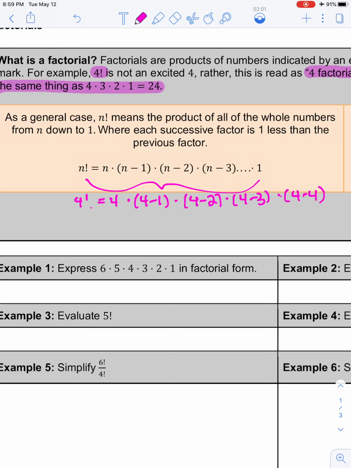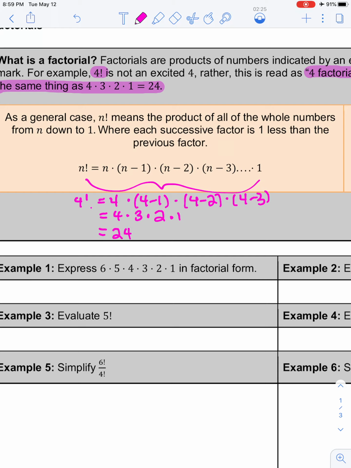So you want to stop this multiplication at the factor of 1. So this is really just 4 times 4 minus 1, which is 3, times 4 minus 2, which is 2, times 4 minus 3, which is 1, which is what we saw above. And we saw that that is equal to 24.